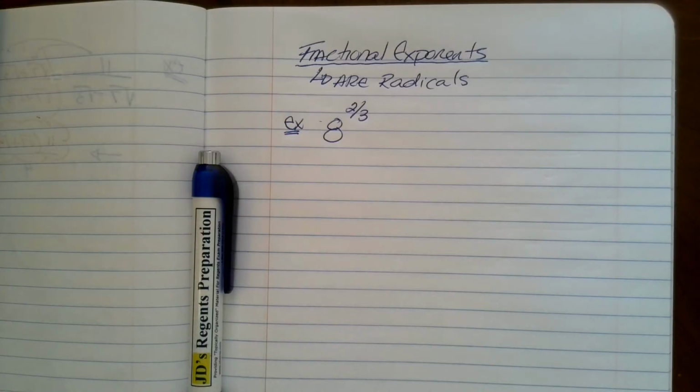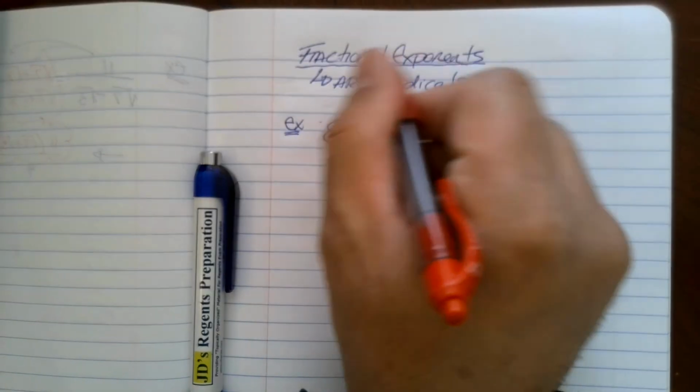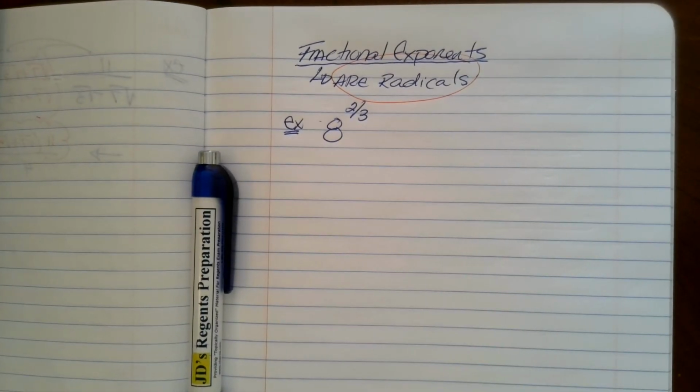The last topic covered in this section is fractional exponents, which are kind of scary looking, especially fractional negative exponents. But fractional exponents are just radicals. It's just another way of writing a radical, a square root or a cube root.